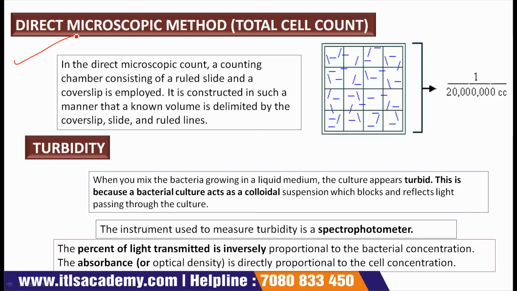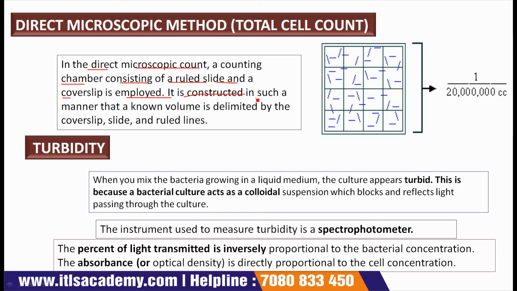Next method is the direct microscopic method. This is the method in which total cells are counted. Let's see the direct microscopic method. In the direct microscopic count, a counting chamber consisting of a ruled slide and a cover slip is employed.